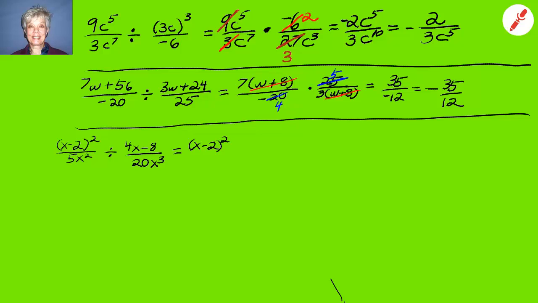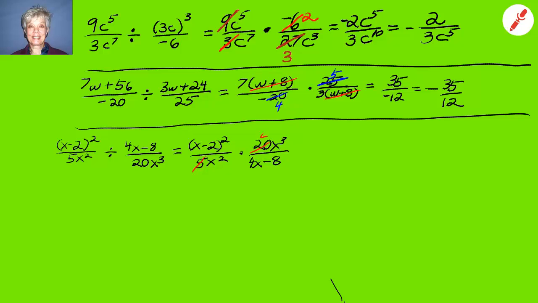Well, since we have x minus 2 in the first numerator, we're going to say x minus 2 squared over 5x squared. We're now going to flip the second fraction. That is, we're going to multiply by the reciprocal. So I'll have 20x cubed over 4x minus 8.